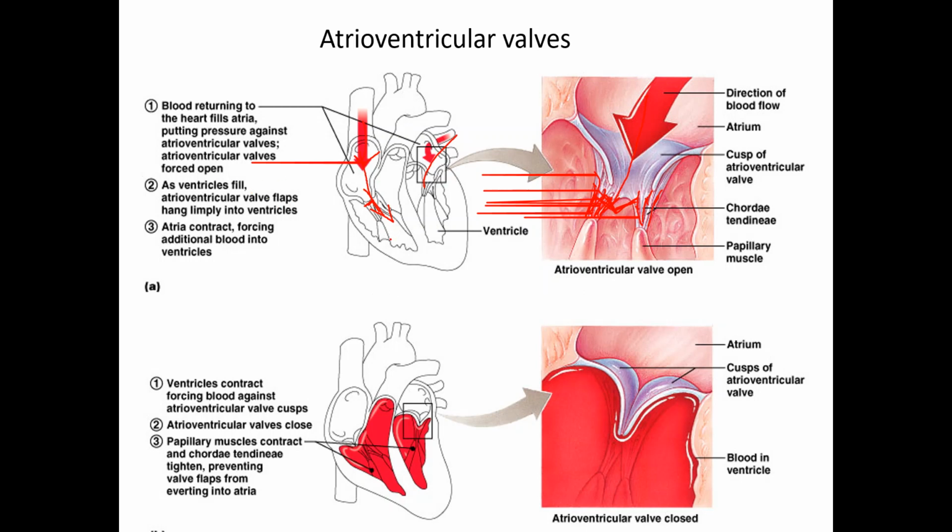But as the ventricles fill up, the pressure starts building up in the ventricle, and as the ventricle starts contracting, they force the blood against the caps or the flaps of the atrioventricular valves.